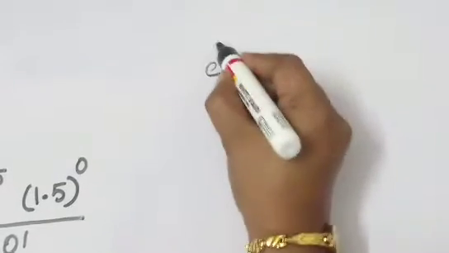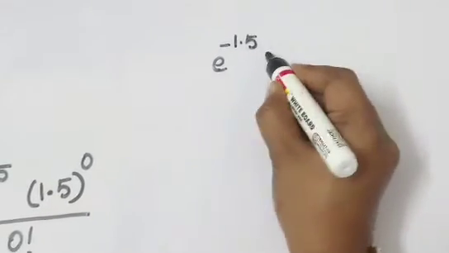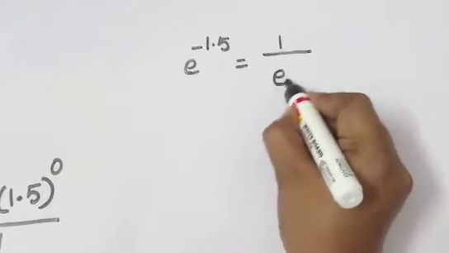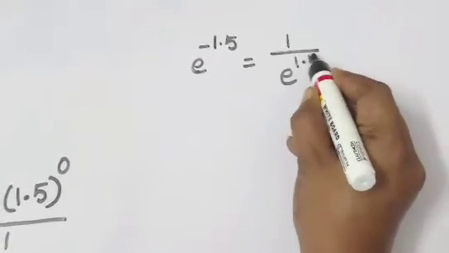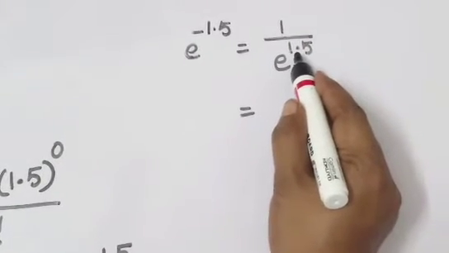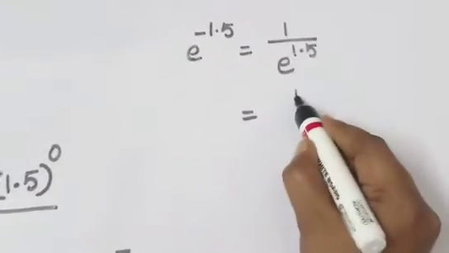So e power minus 1.5, which is equal to, first we'll just write it as 1 divided by e power 1.5. So now this value we'll have to see in your table. In your book it is given on page number 285. So 1 divided by, just see in your book.